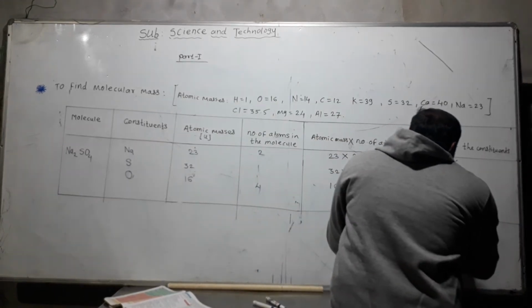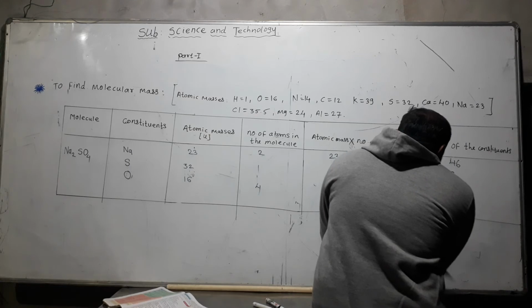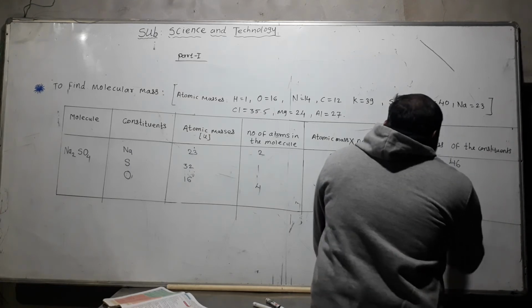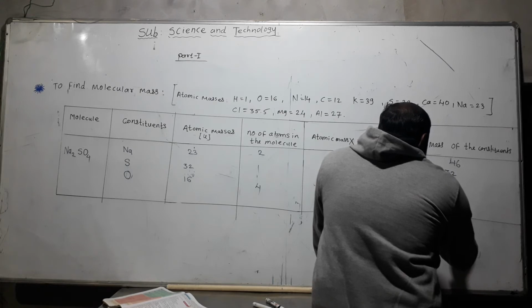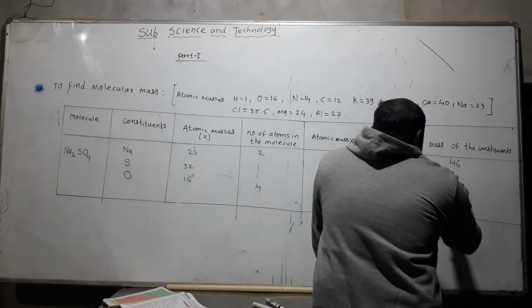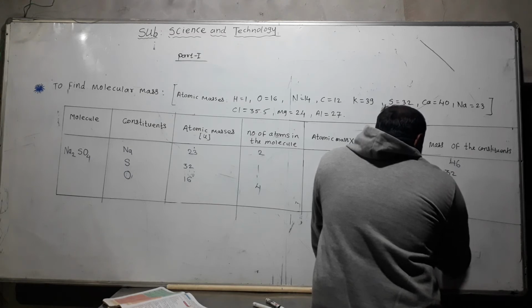6 plus 2 is 8, plus 4 is 12, 1 carry. 6 plus 1 is 7, plus 3 is 10, plus 4 is 14.